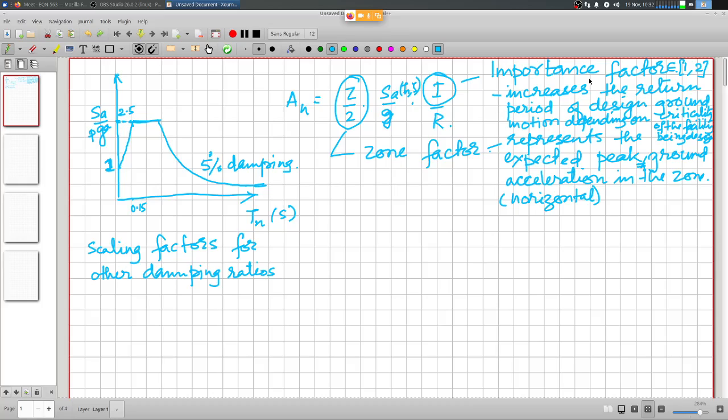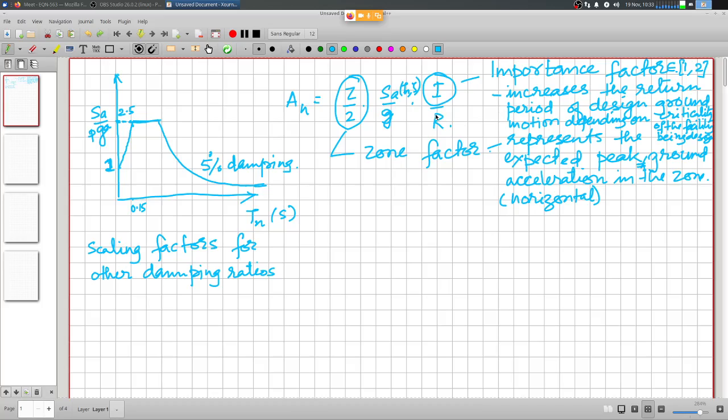So you may find that in the same industrial complex, some facilities are to be designed for importance factor of 2, and some for importance factor of 1, and some other facilities for importance factor in the range between 1 and 2, and so on.